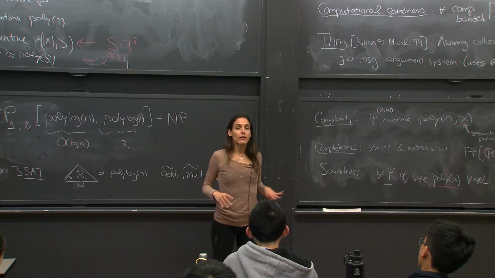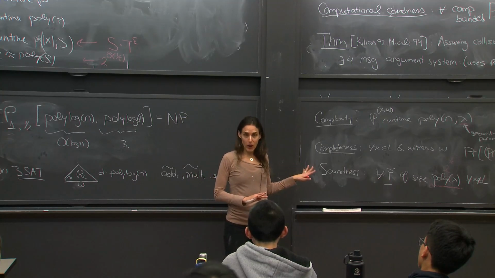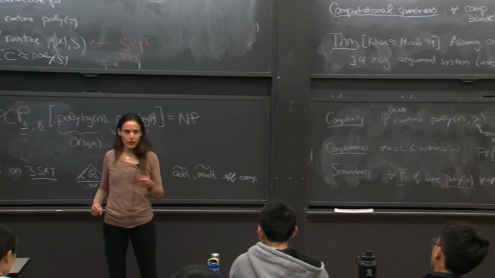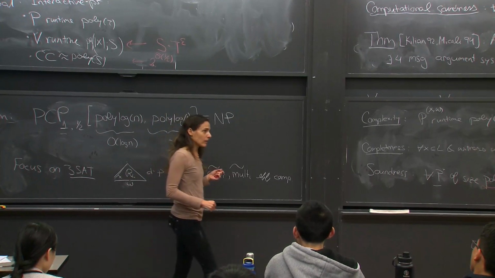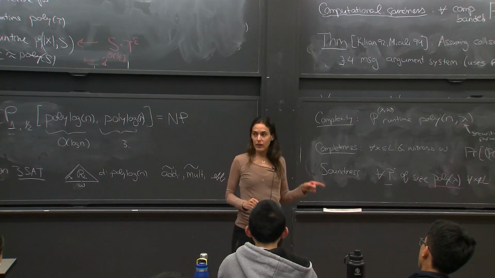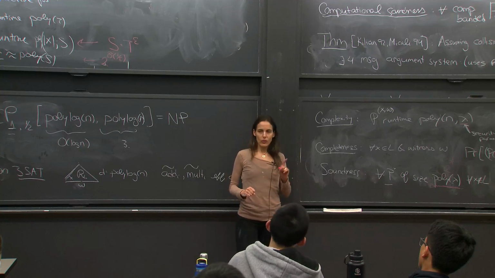Now you can ask, does the same thing hold for arguments? This was actually an open problem for a while, and then at some point, a long time ago, when Iftach was a postdoc, probably 15 years ago, he actually gave an example of, sorry, no. There was, sorry.